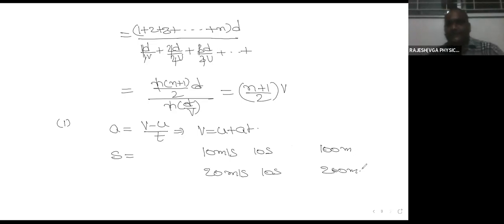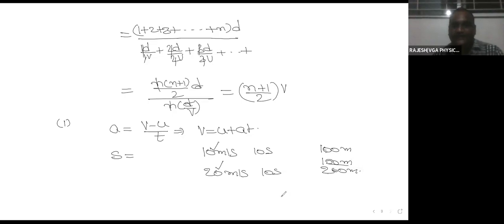Each second it is becoming, after 1 second it is becoming 11, 12, 13, 14. Finally, after 10 seconds it becomes 20. If I start with 10 and end up with 20, then my distance will be in between 100 and 200. It will be 150 meters.